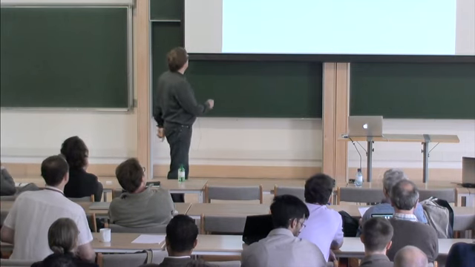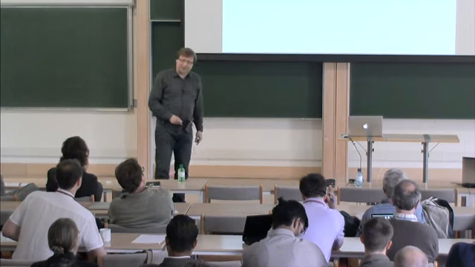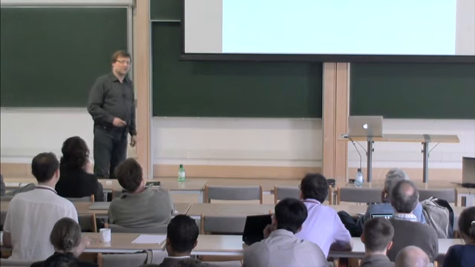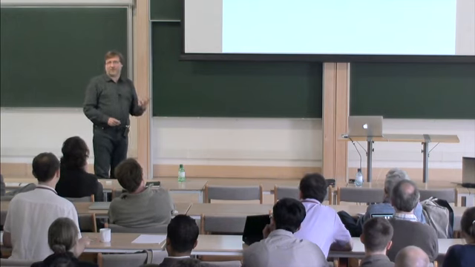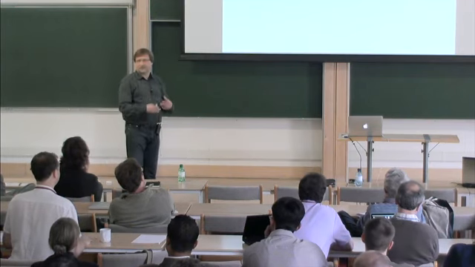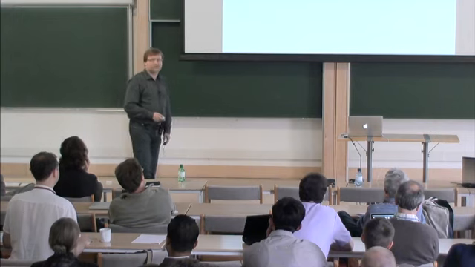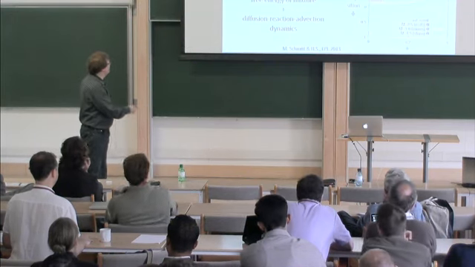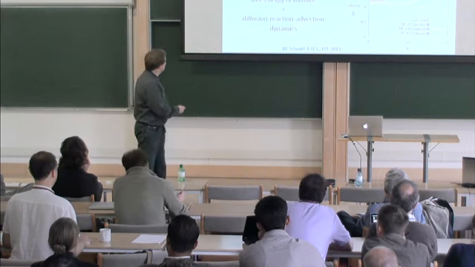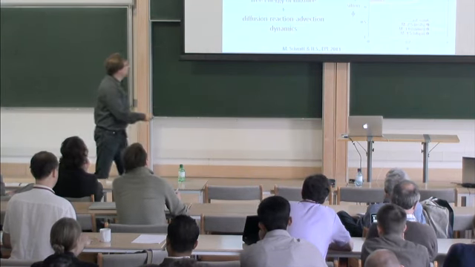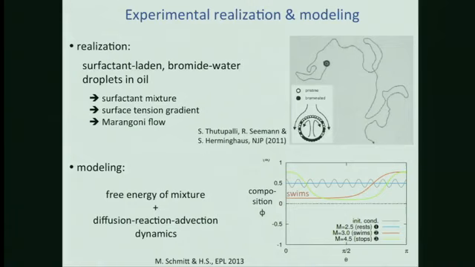So what you have on the surface is a surfactant mixture, and this surfactant mixture gives you a gradient of the surface tension, and this surface tension gradient drives a Marangoni flow close to the surface of the droplet, and this is the surface velocity of the squirmer, and this drives the whole system. We have modeled that using some free energy of mixture and some diffusion reaction advection dynamics for the order parameter of the mixture, and we can actually identify different regimes and also map out a phase diagram.